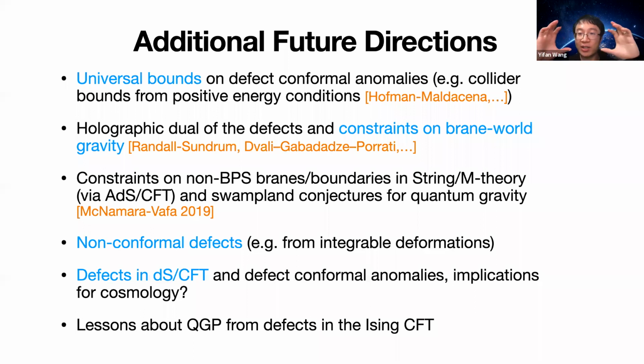Then you can consider a profile for this relevant deformation in the space direction, going from 0 to plus infinity, and this will give rise to some kind of domain wall between the original theory and this trivial gapped phase.